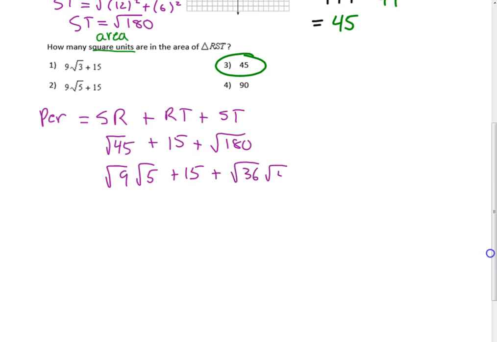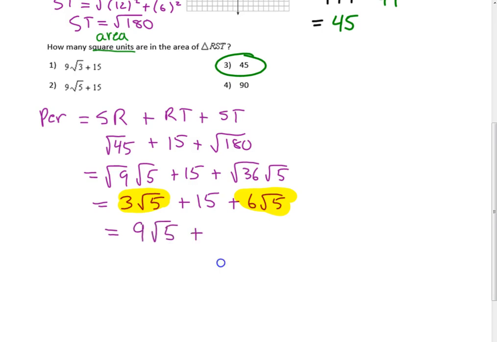So this is 36 and 5. This becomes 3 times the square root of 5 plus 15 plus 6 times the square root of 5. When you're doing a perimeter question like this, if you have two that have the same radicand, the number under the radical, you can add those two together. So it would be 9 times the square root of 5 plus 15. And that would be the perimeter.